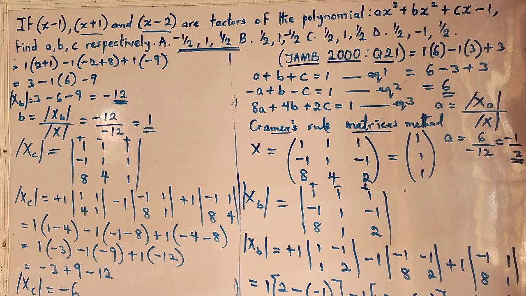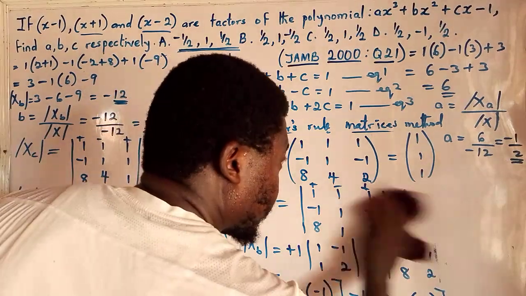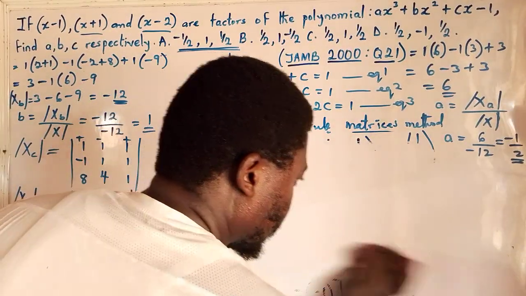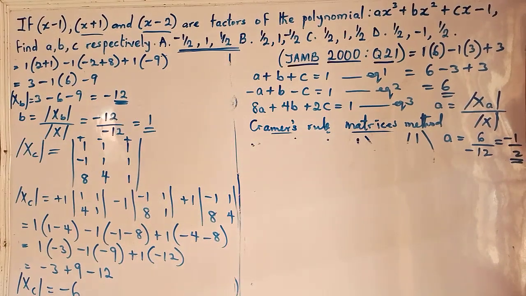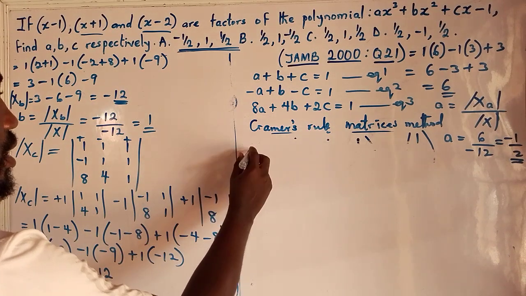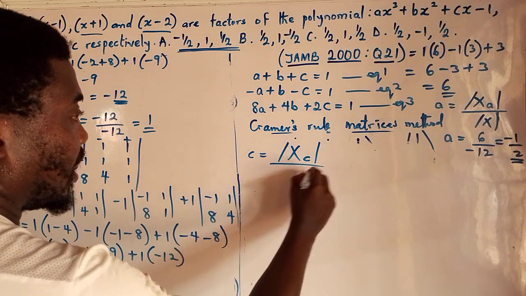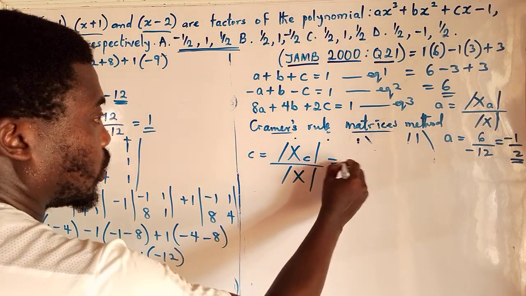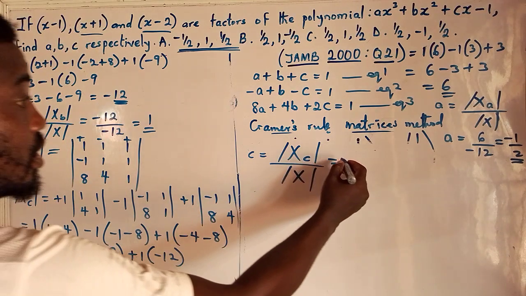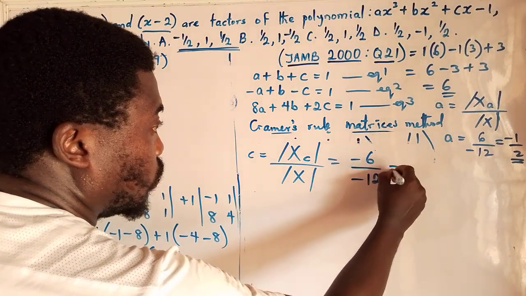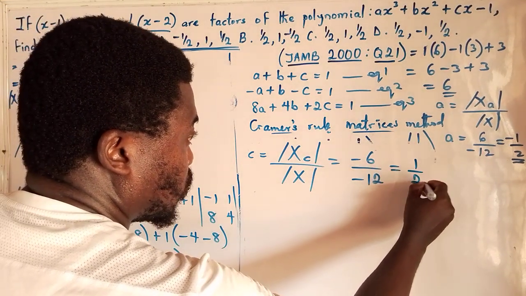So for us to be able to calculate the value of our C, our C is equal to determinant of X subscript C over determinant of X. So we have determinant of X subscript C is minus 6 over determinant of X is minus 12, which we have as 1 over 2.